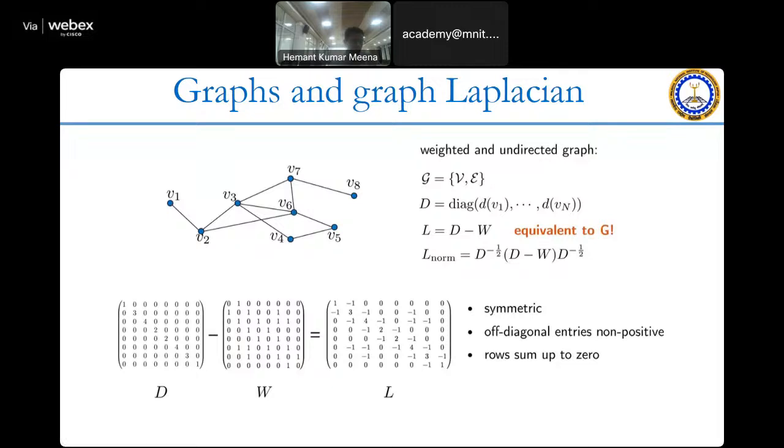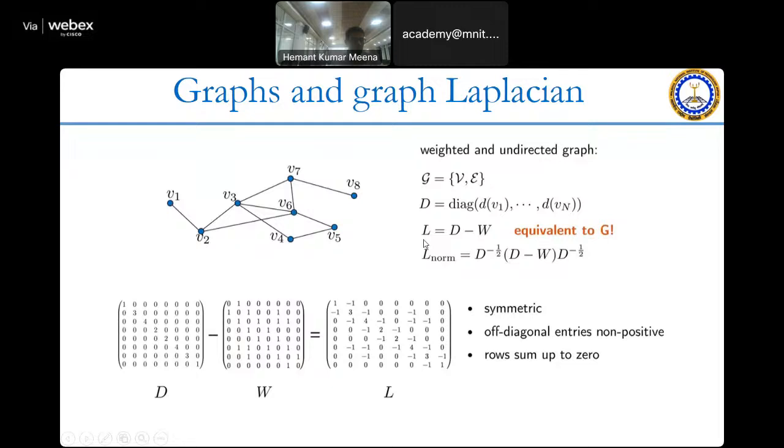Ruchi has asked a question: for a directed graph, do we use something else for calculating the D? No, for calculating the D it is the same, but the mathematics is a bit different.